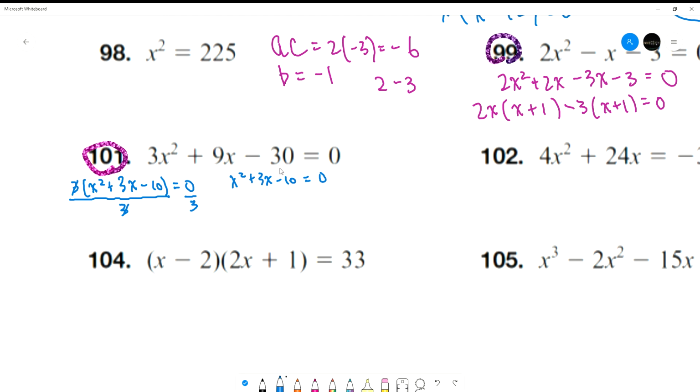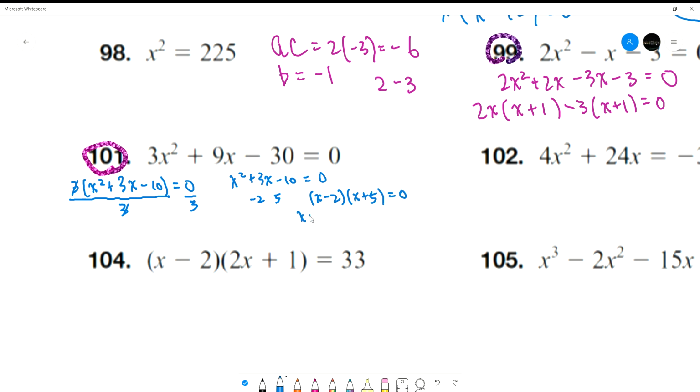So I look for the factors of negative 10 that can add up to 3. And I see that those factors are negative 2 and positive 5. So my factors are x minus 2 times x plus 5 is equal to 0.